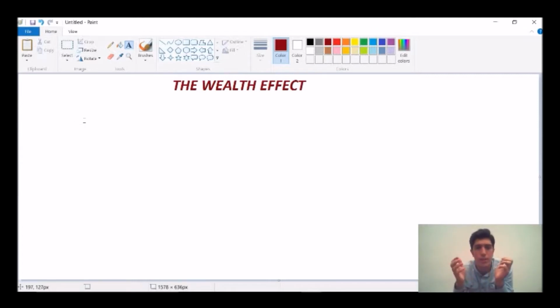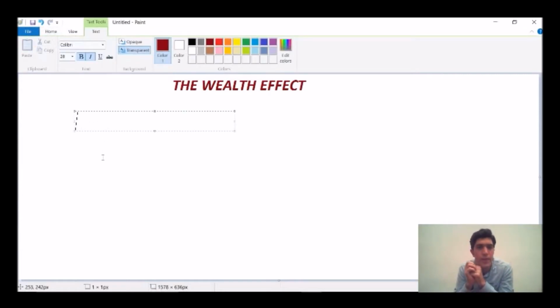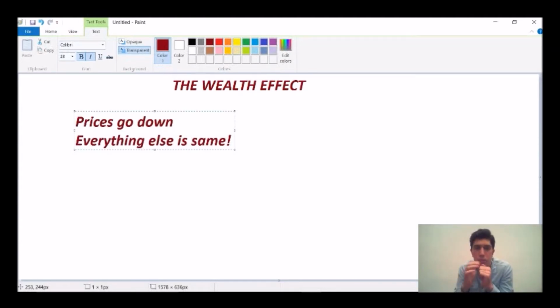All other things are equal. If we take this scenario right over here, we are assuming only prices have gone down. Everything else in the economy is equal. Employment has not changed, profit has not changed, people's optimism has not changed. The only thing that changes is that people wake up one day and everything in the economy is half the price it was before.